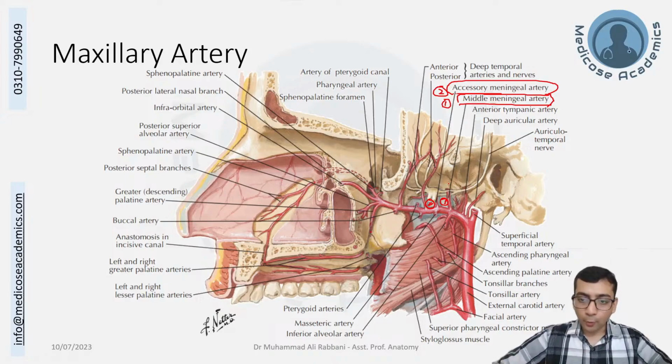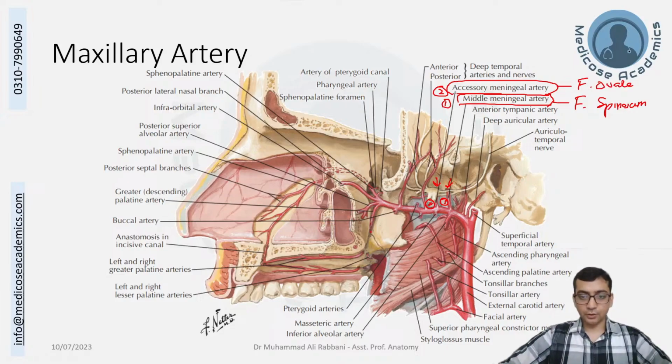They are opening into these foramina. The middle meningeal artery enters the skull through the foramen spinosum, and the accessory meningeal artery enters the skull through the foramen ovale.